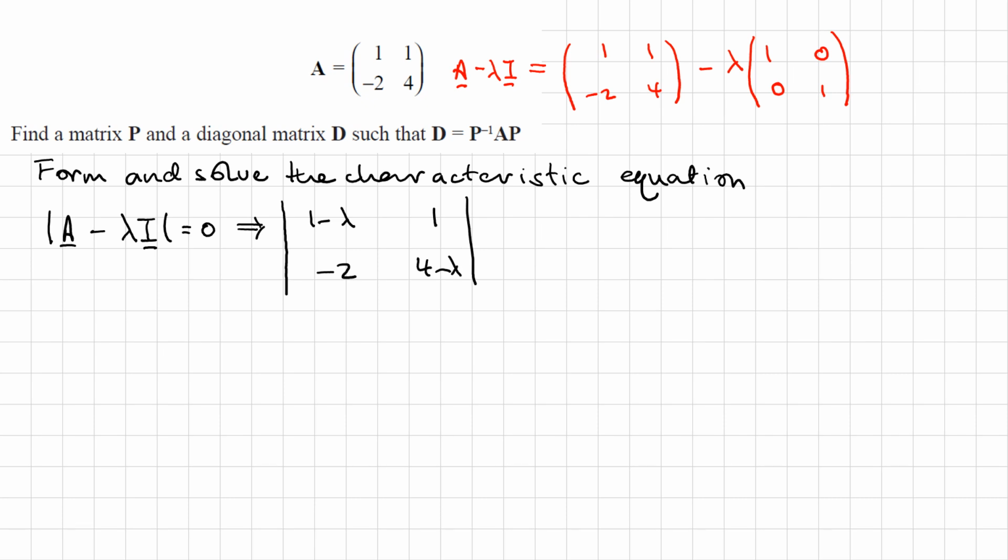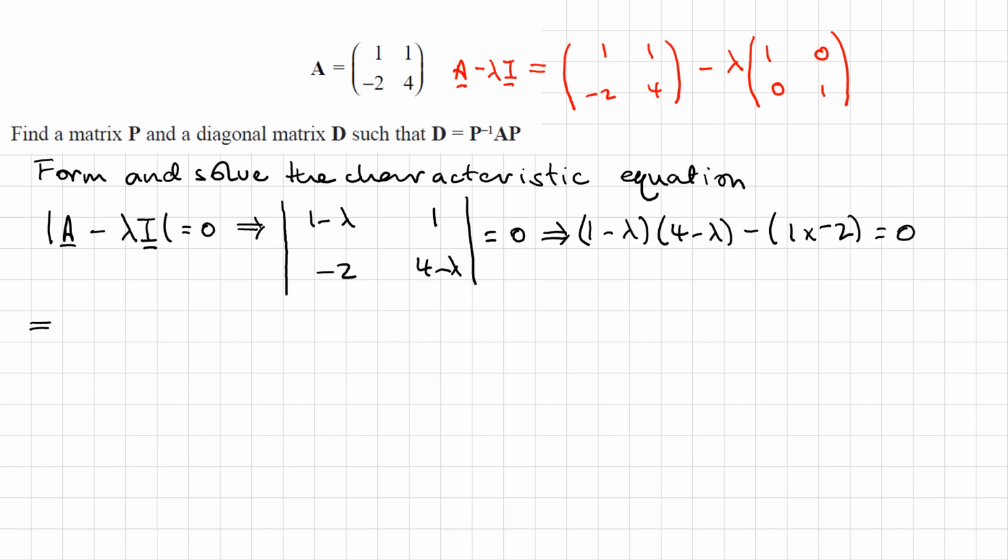So that's going to be equal to 0, we'll find the determinant. So it's AD minus BC. So 1 minus lambda times by 4 minus lambda, that's the AD bit, minus BC, so minus 1 times by negative 2 is equal to 0.